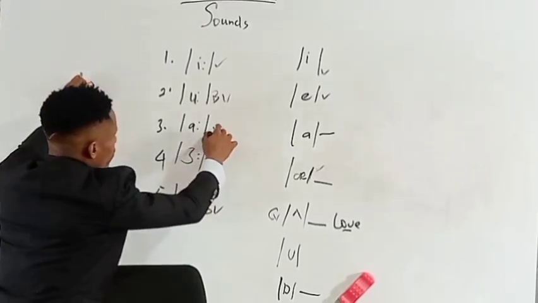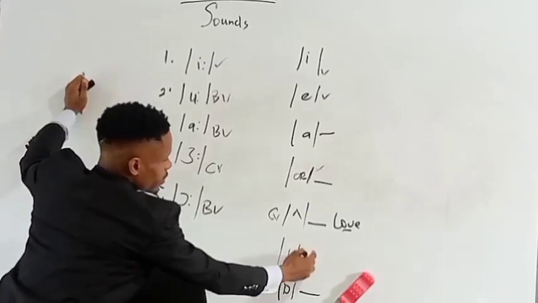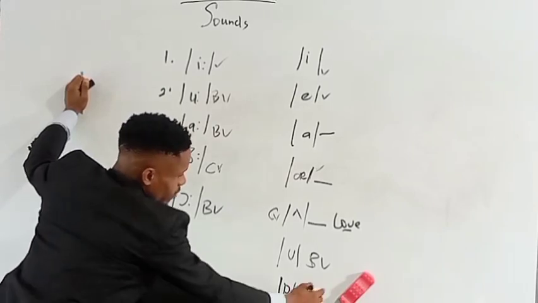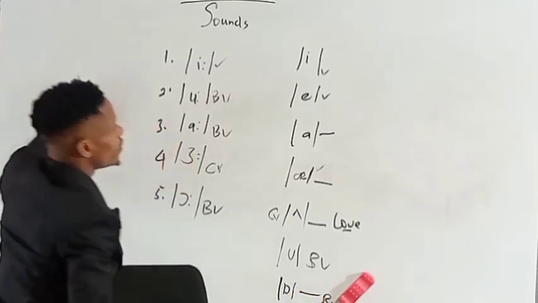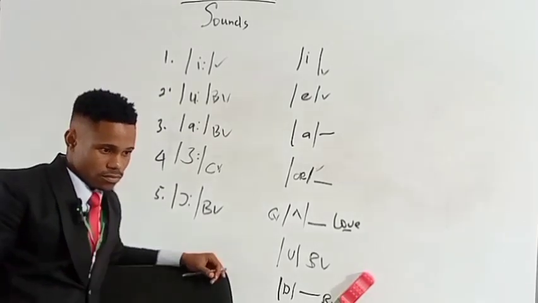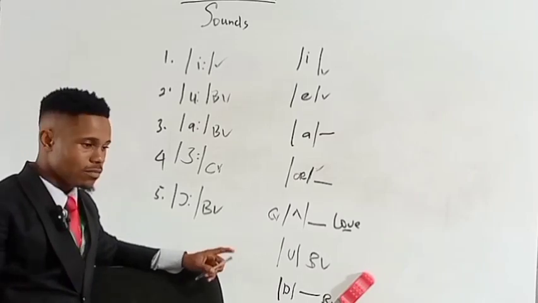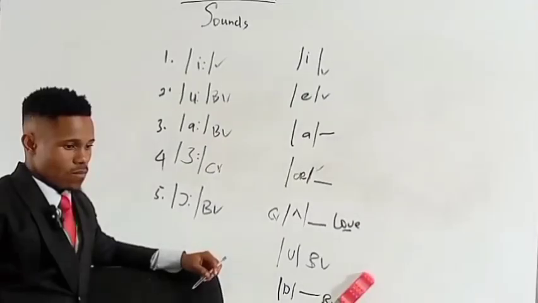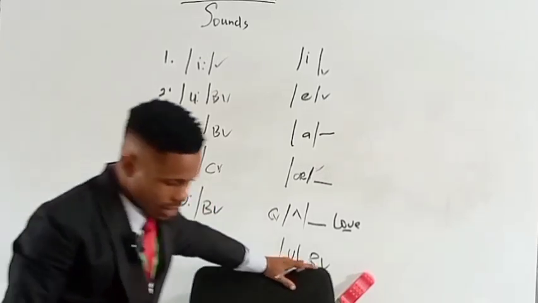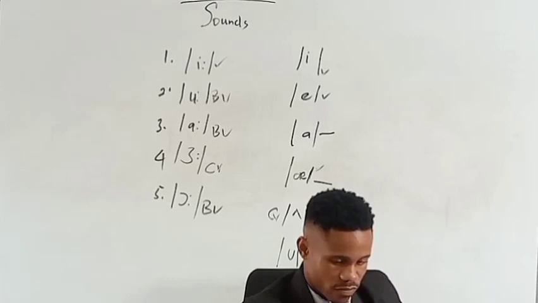This is a back vowel. This is a back vowel. This is a back vowel. Can I sit down? I rest my case. Okay. Those are just preambles so as to help you understand these vowels very well.